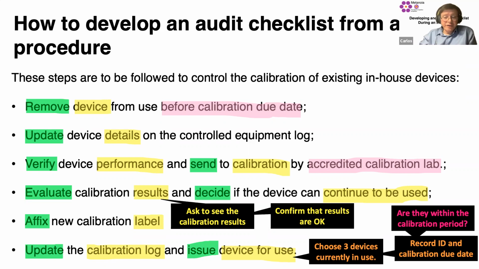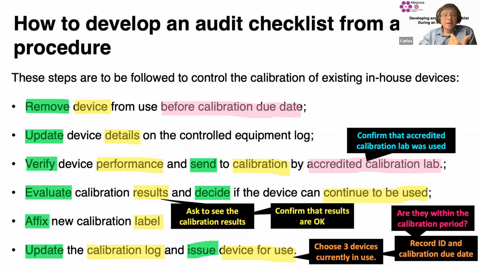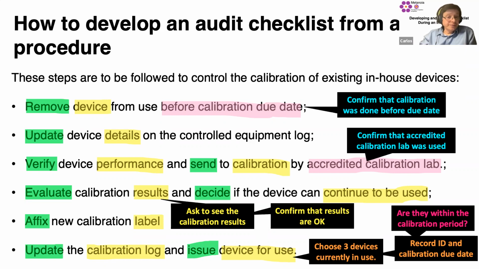Checking the calibration certificate issued by the calibration lab, I can check if it is an accredited calibration lab, and I can confirm that calibration was done before due date. So this is the kind of approach that I use for developing an audit checklist from a procedure, based on what kind of actions are required, what kind of constraints.